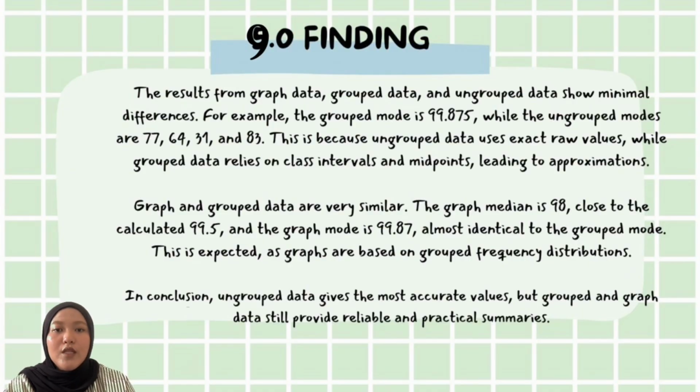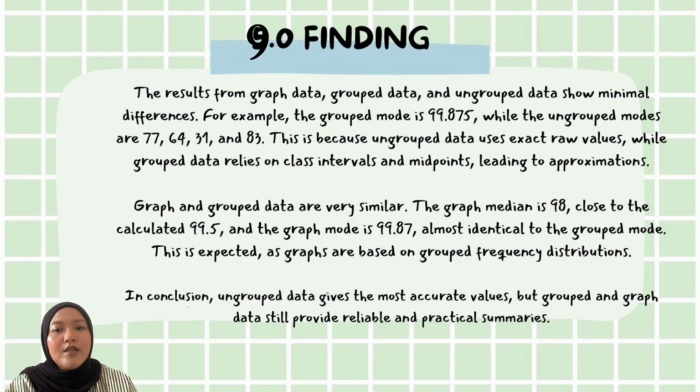For example, the grouped mode is 99.875, while the ungrouped data modes are 77, 86, 43, and 83. This is because ungrouped data use exact raw values, while grouped data use class intervals and midpoints, leading to approximation.